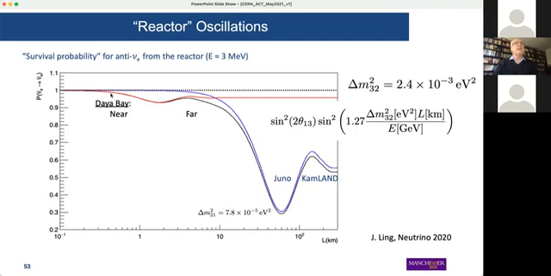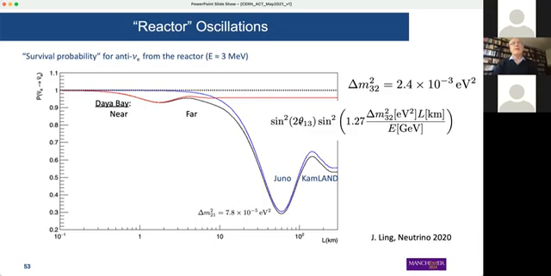And you see the total mixing you expect with the oscillatory behavior, and here at the short distances, compared to a survival probability of 1, you see this effect of the red curve, which is exactly the mixing driven by this angle theta 1,3.